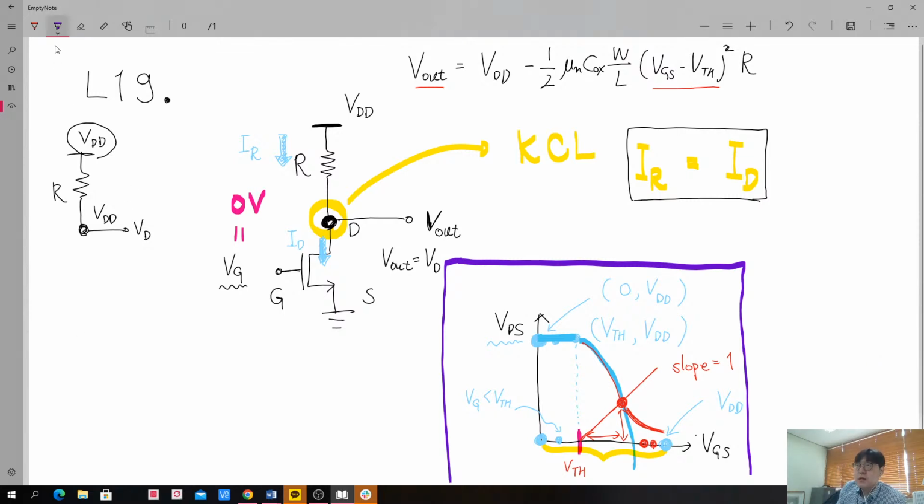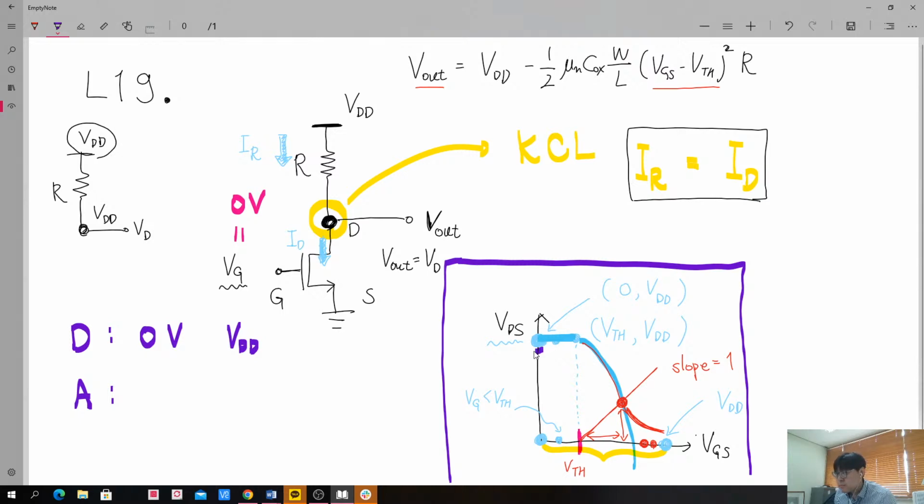Once again, digital and analog. So when we consider digital, what was the used voltage range? There were two cases, 0 volt or VDD. Then think about this one. If your input is 0, then what will be the output?